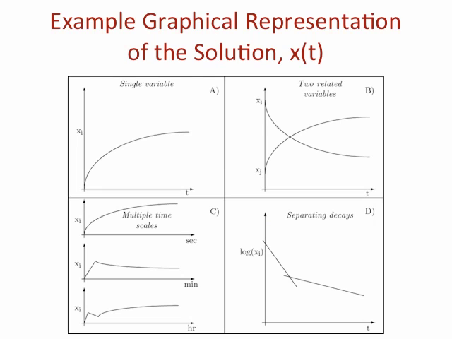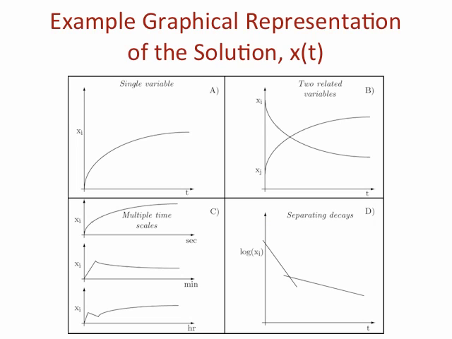In panel A, we show the baseline, or the simplest way of representing the solution. Here you simply plot a variable as a function of time, and you get what people typically call the transient response of that variable. In panel B, we show 2 trajectories in one graph.